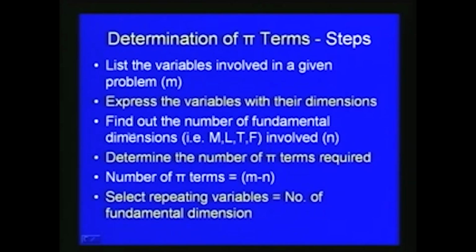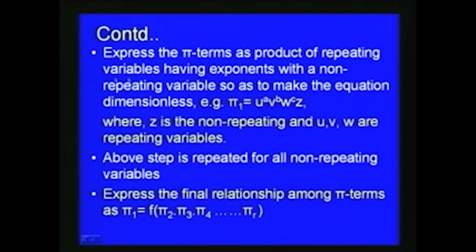We have already seen what a pi term is: the number of pi terms is equal to m minus n. Based upon this, we select the repeating variables, equal in number to the fundamental dimensions.